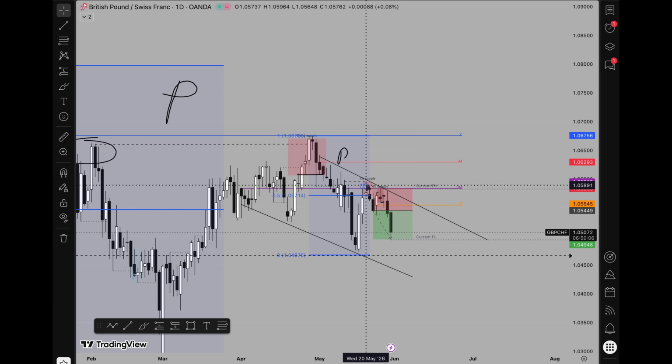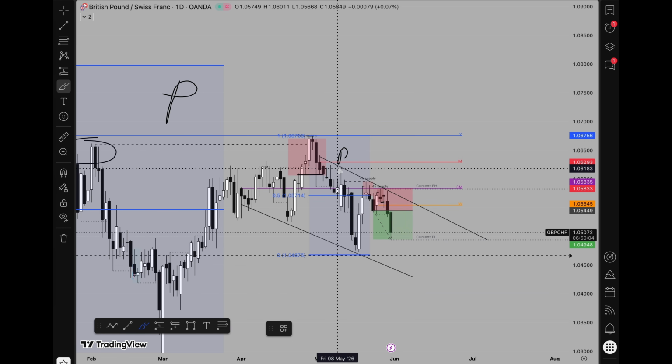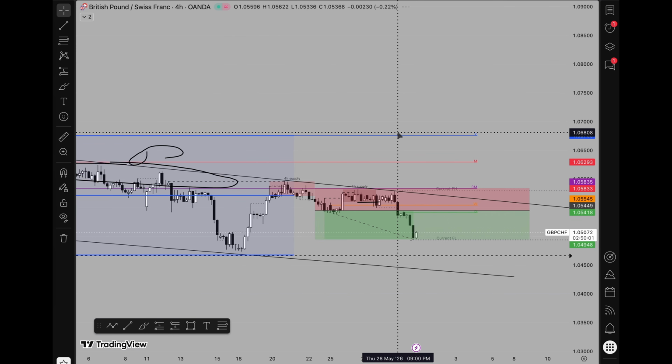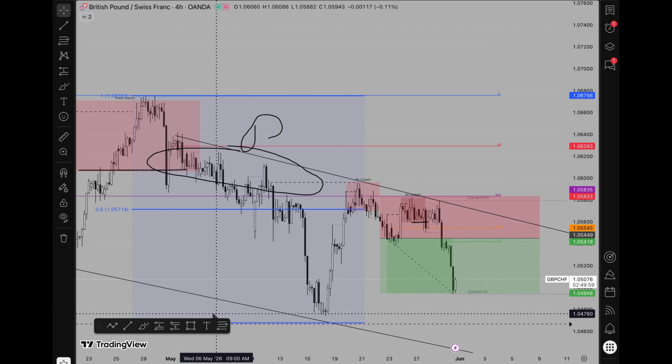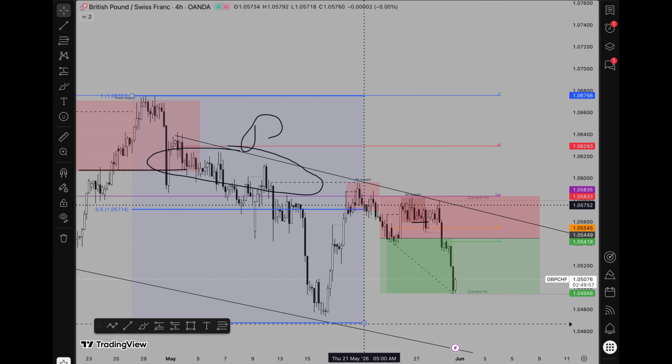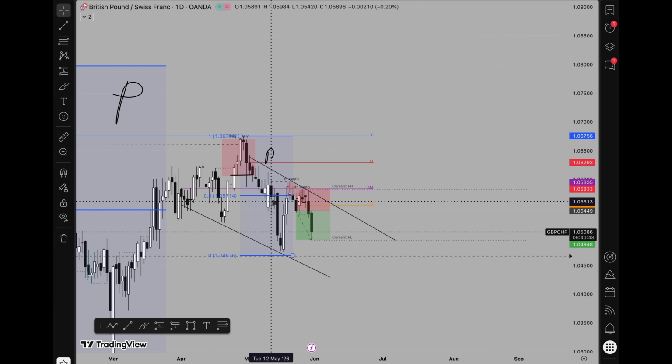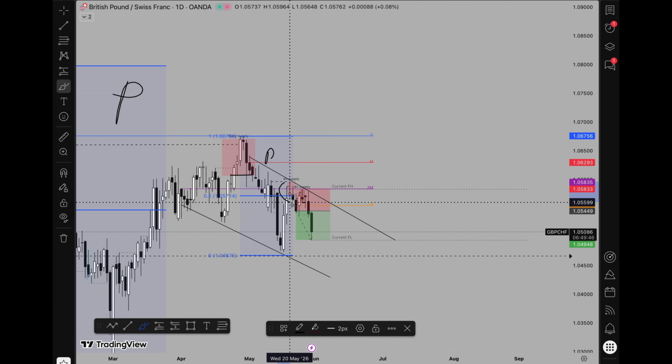Price came back up to these areas of liquidity situated over here with these descending highs. And we see the price also created an area of supply reacting to those descending highs and breaking structure, creating a new and valid area of supply in the 4-hour time frame situated over here.